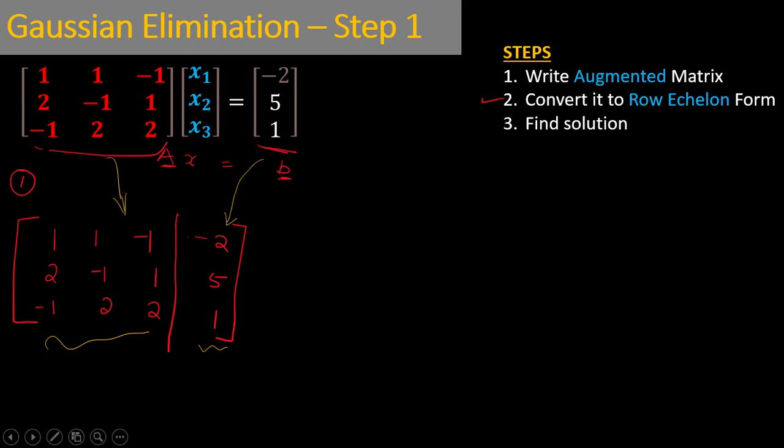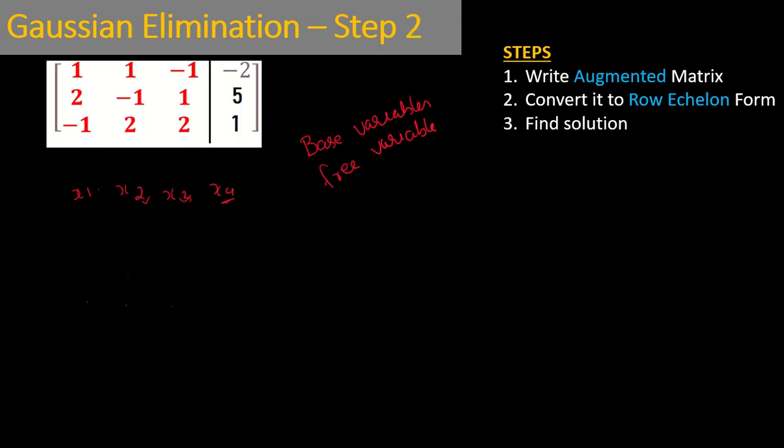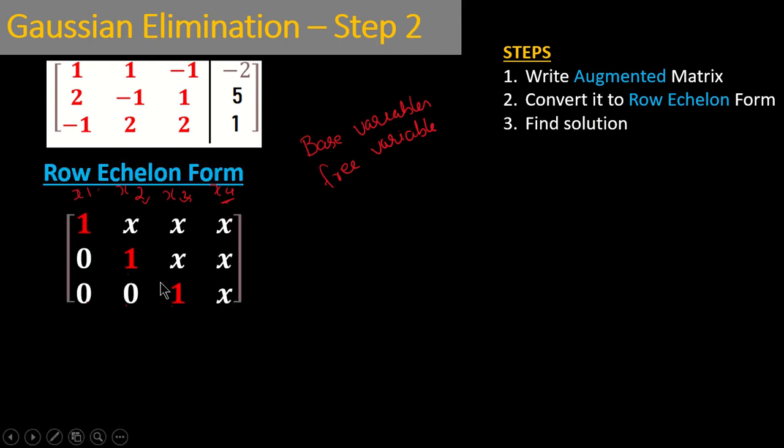And what is row echelon form? Row echelon form is like this. When we consider a matrix like this, I can say this is in row echelon form because when we take every row, every non-zero leading element should be a 1.